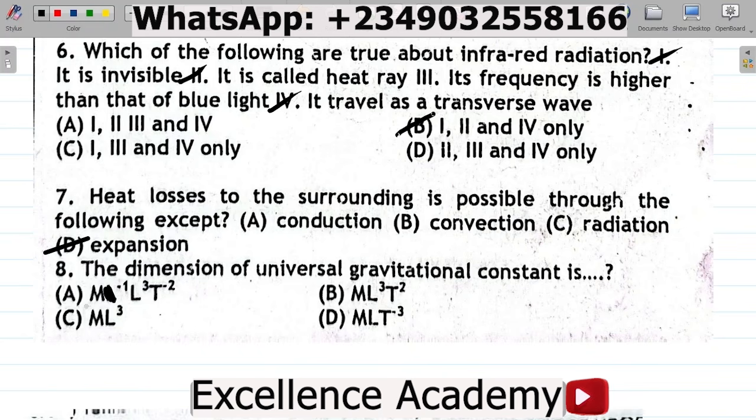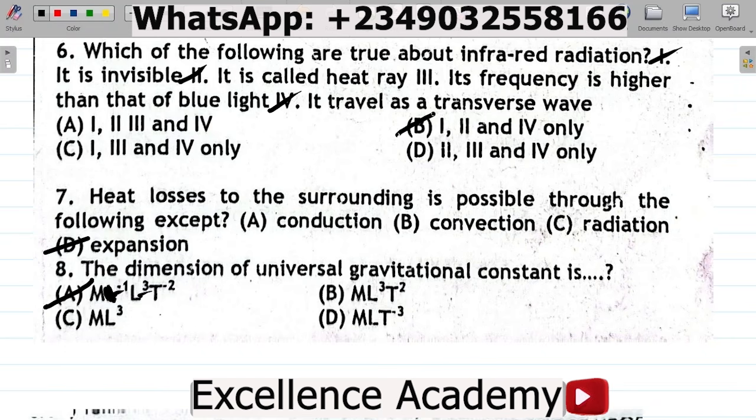So this is correct: M to power minus 1, L cubed, T to power minus 2. That's the correct answer, so we'll take A as the answer. But just note that L should not have been there. It's a typo error. So the answer there is A. Okay, next up, let's look at the next question.